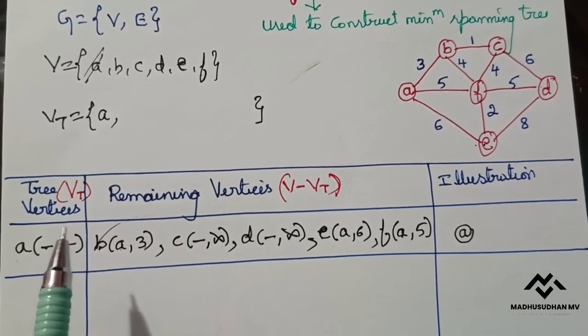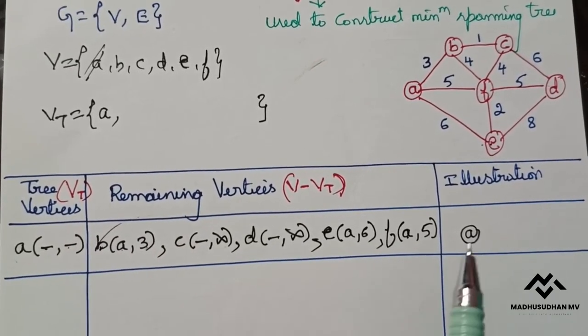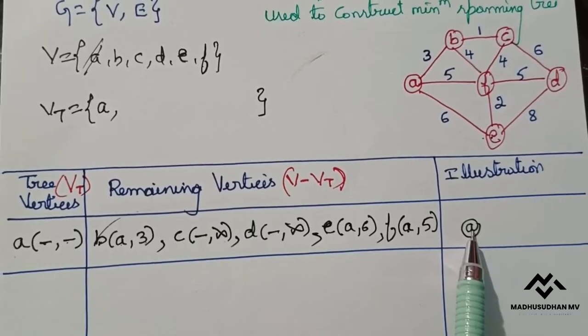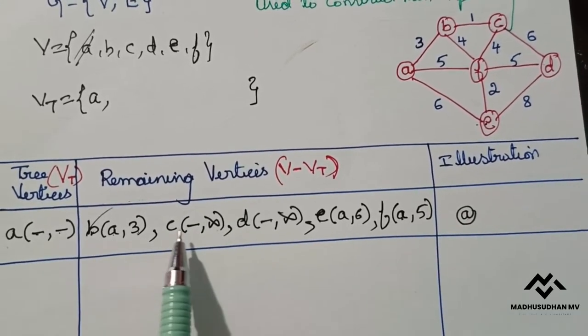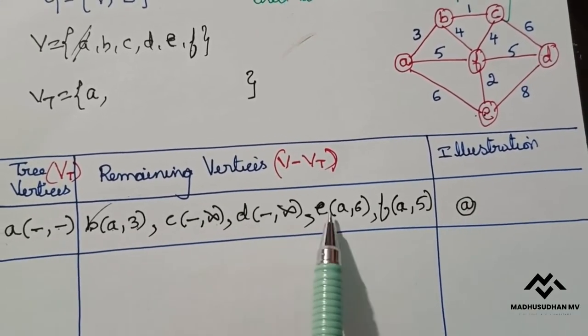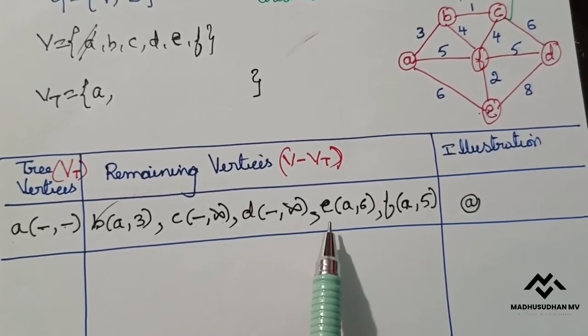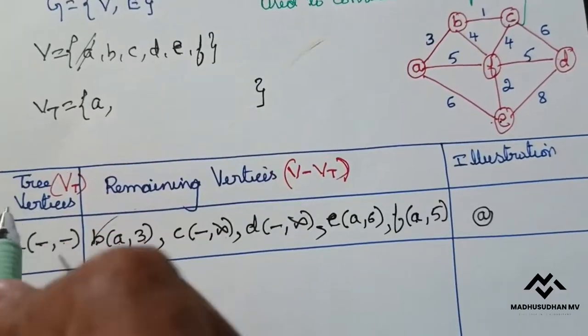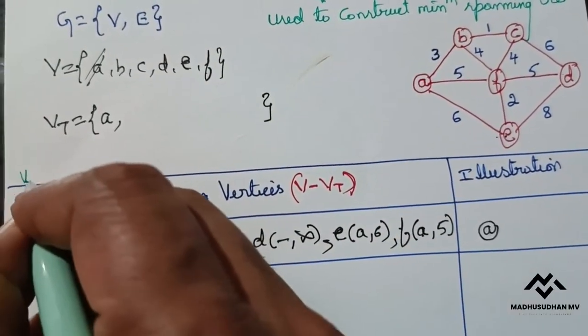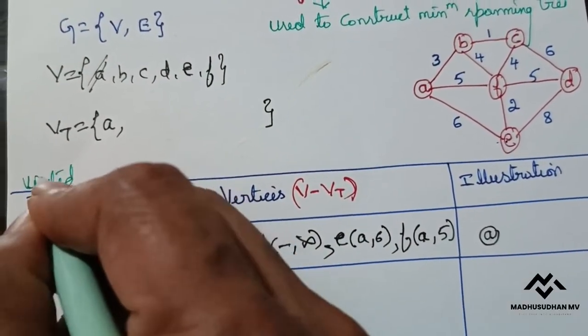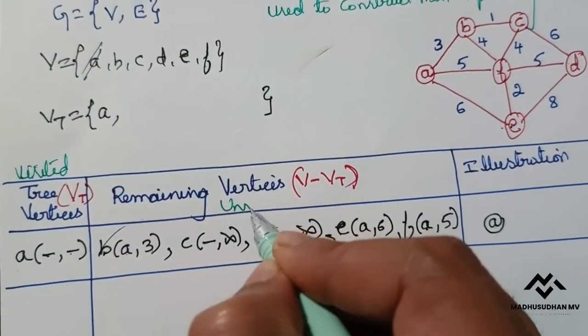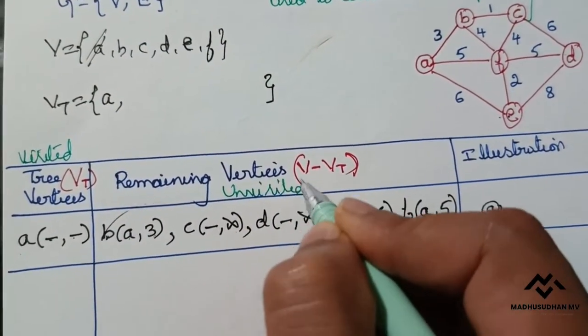Right now, how many vertices have we visited? We visited only one, that is vertex A. The remaining vertices B, C, D, E, F are not visited. That means A is visited, these are unvisited. So I can also call these visited vertices and unvisited vertices.